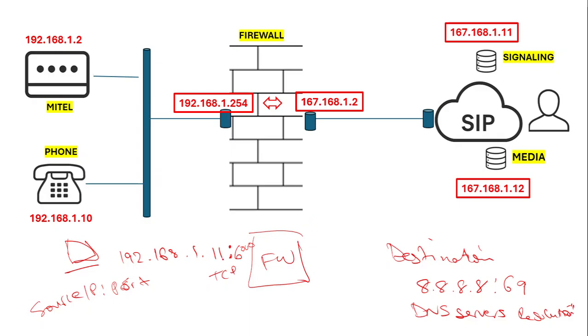Here the firewall is supposed to change this IP address from 192.168.1.11 port 6000 to 167.168.1.2 port 6000, and then keep the destination, which is 8.8.8.8 port 69.